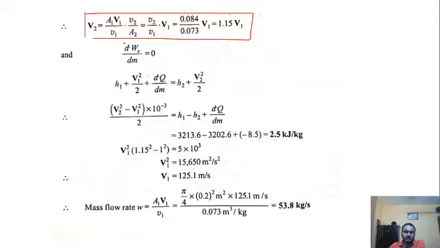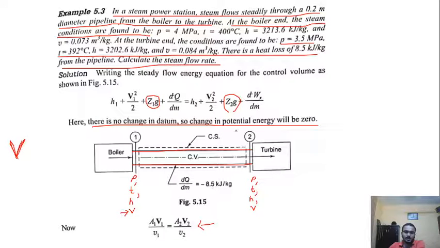One more thing that is interesting here is the work output. In this problem, as there is only a simple pipeline which transfers the steam from boiler to turbine, there will not be any kind of work output or work input in this control volume. So dW upon dm in this case will be equal to 0.